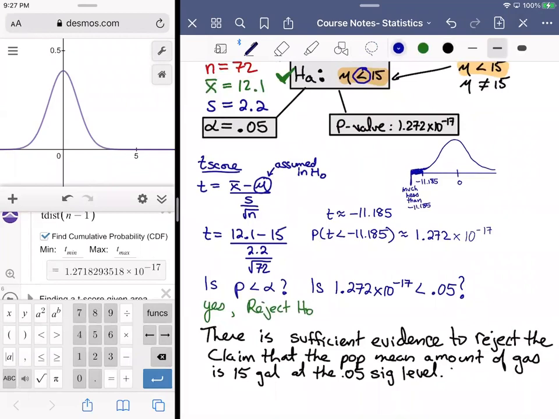So therefore, the claim that it, because we know it now represents the population mean amount of gas, is less than 15 gallons, that's going to be true.